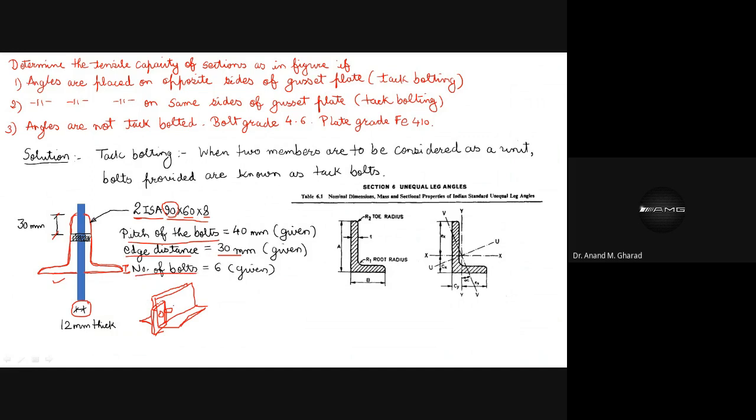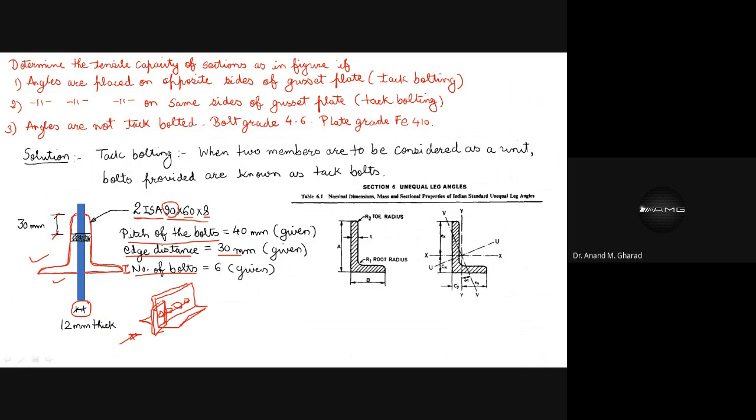So you can imagine there are 6 bolts in this connection like this, connected in one single row. From the side view, that is from here, this will look like this. Fine.